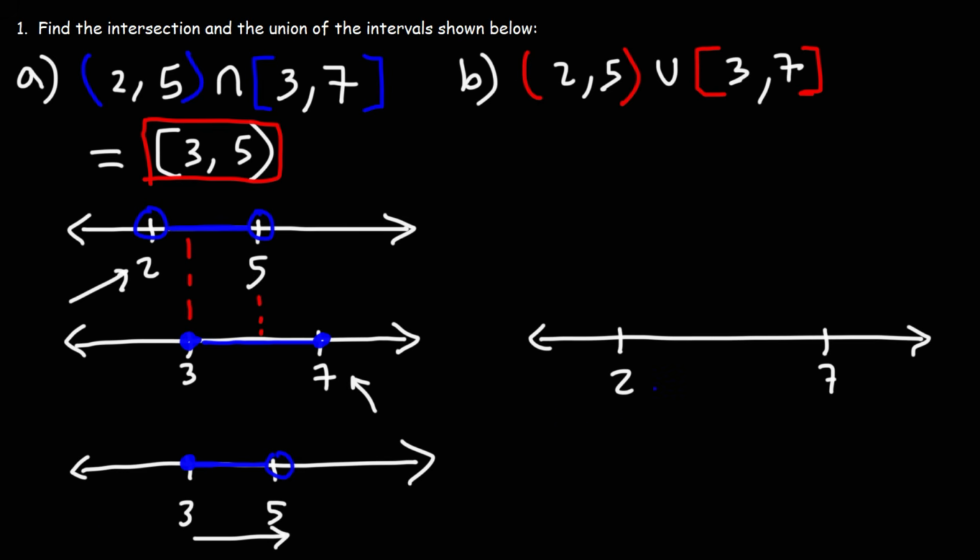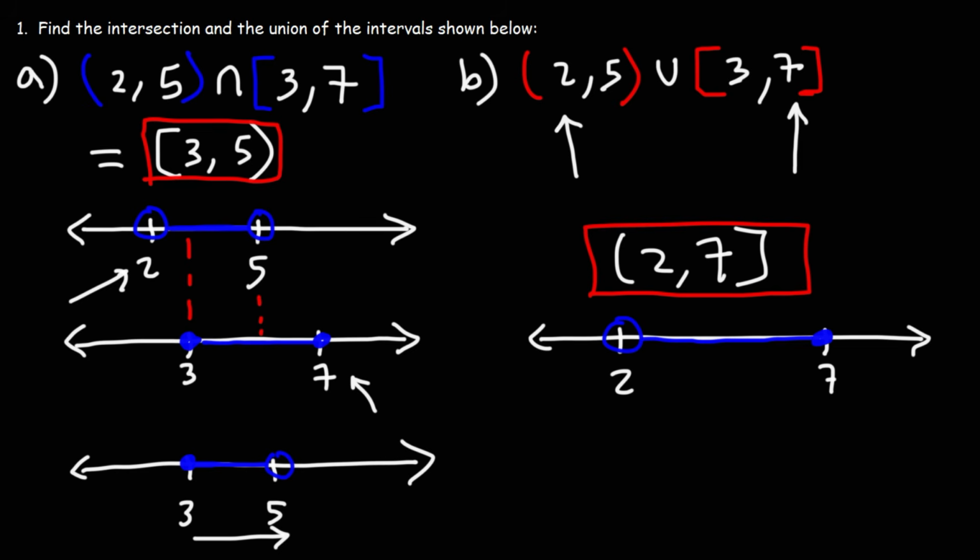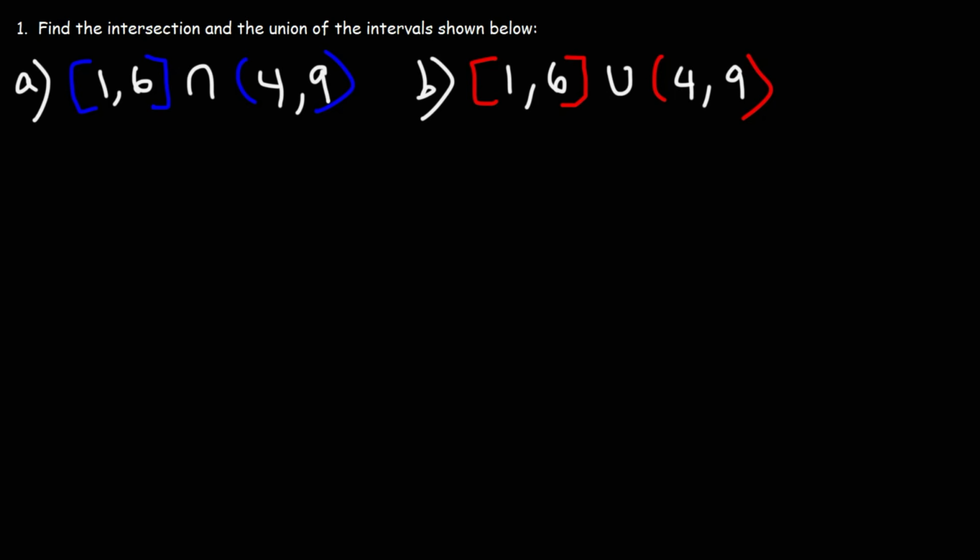We have an open circle at 2, a closed circle at 7. So to find the union is pretty straightforward. Basically, you start with what you see here and you end with what you see here. So that's how you could find the union of two intervals.